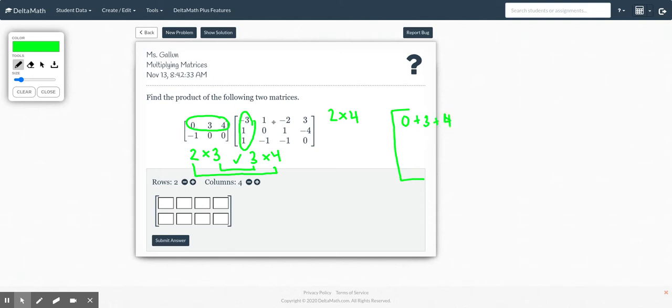First row, second column: 0 plus 0 minus 4. First row, third column: 0 plus 3 minus 4. First row, fourth column: 0 minus 12 plus 0.